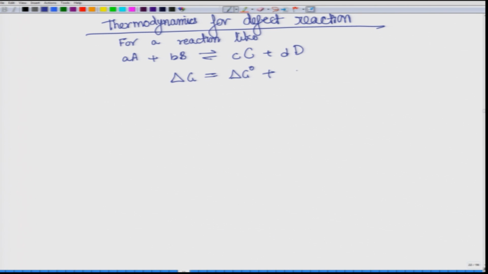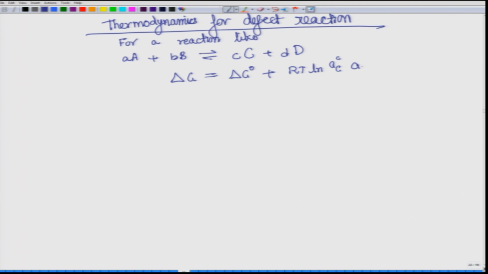The delta G naught, at the standard state, plus RT ln of the ratio, where we have a_C, the activity of the C component, to the power small c, which is the number of moles. You have to be careful about which C we are writing here. So, this is the capital C, meaning the activity of the C component to the power small c.